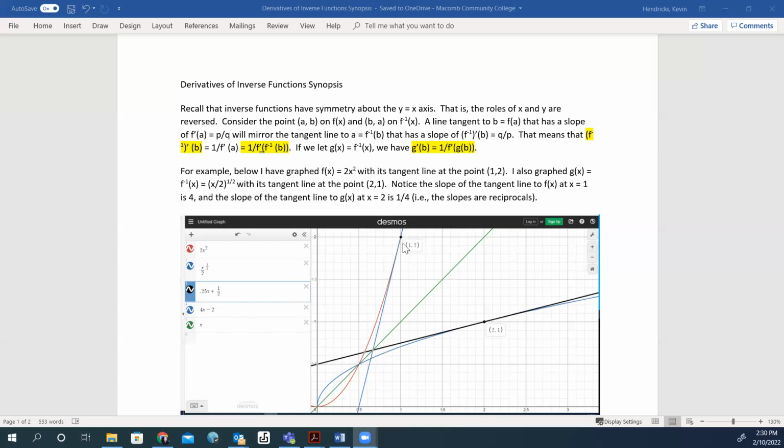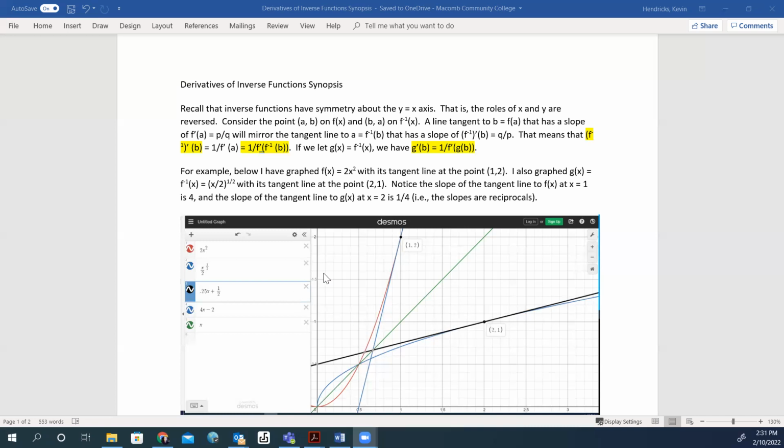So if the point 1, 2 is on f of x, that means if f of x has an inverse function, then the inverse function will have a point 2, 1 with it. If the slope of the tangent line to f of x at 1, 2 is 4, then the slope of the tangent line to the inverse function at 2, 1 will be 1 over 4. That's pretty much it.